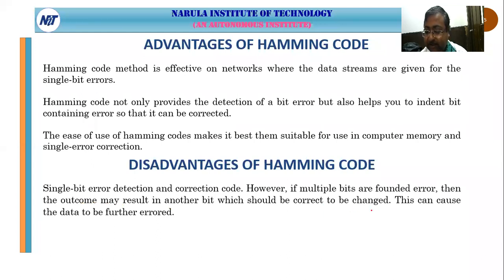That is mainly handled by the CRC method, cyclic redundancy check method, which is used for multiple bit error detection and correction. This can cause the data to be further in error. The Hamming code algorithm can solve only single bit issues. This is the only disadvantage.